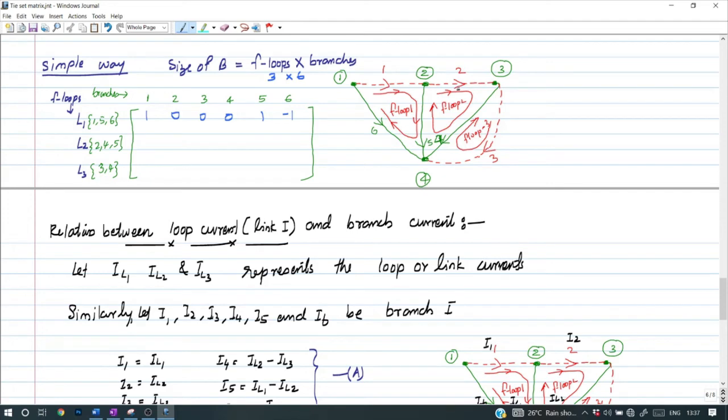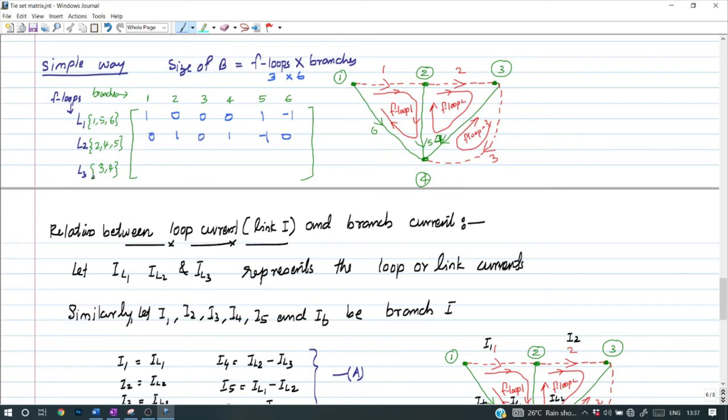Here the direction of 2 is taken as the loop current direction, so the second entry is 1. The fourth branch direction is exactly equal to this loop current, so the fourth entry is also +1. And the direction of fifth branch current is opposite to fundamental loop 2, so it is -1 and the remaining entries are zeros.